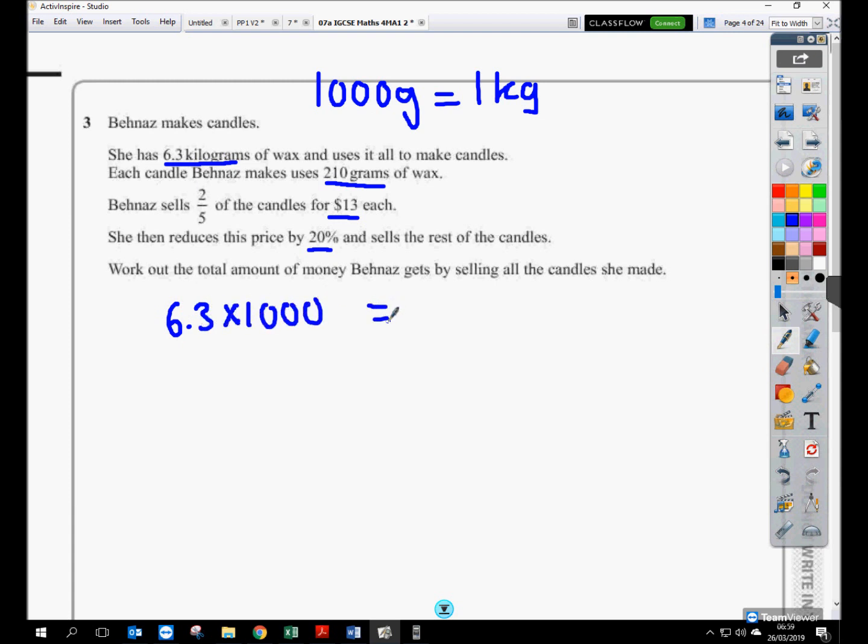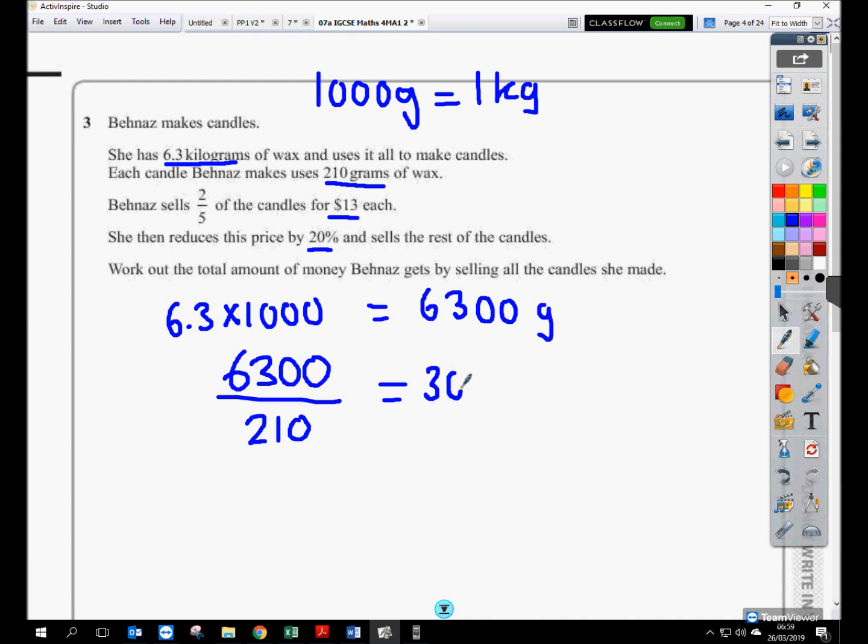And that will give 6,300 grams. So that's how many grams of wax she has. If I want to work out how many candles she's going to make from that, then I can divide that by the weight of each candle, which is 210. So 6,300 divided by 210, and that gives me 30 candles.